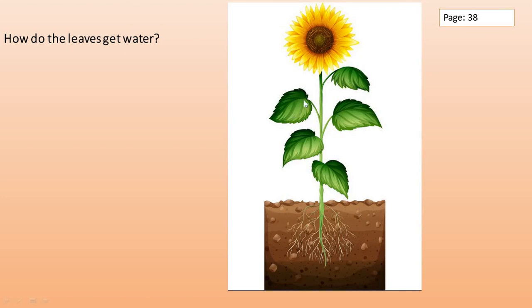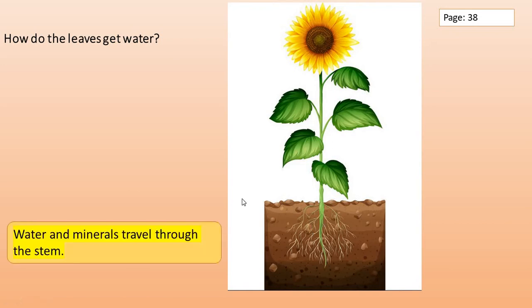The leaves are connected to the stem, and the stem is connected to the roots, and the roots absorb the water from the soil. When we water the plant, we put the water on the soil so the roots can absorb the water. The stem is connected to the roots, and then the stem will carry water and minerals to the leaves and to the flower also.